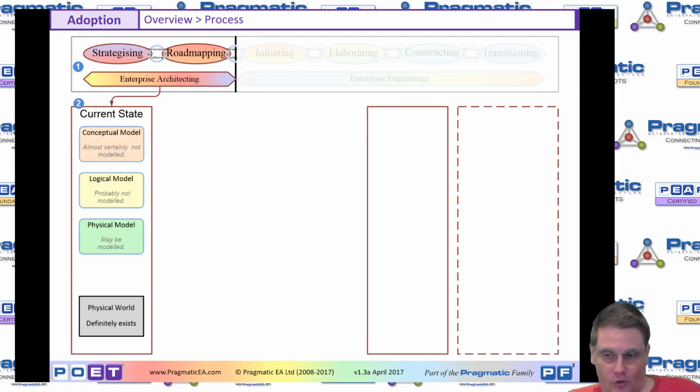So in your organization, there will definitely be the physical world where people are doing this work. Now, there may or may not be a physical model of how that work is being done, how we are doing strategizing, road mapping, how we are doing enterprise architecture. There probably is not a logical model of that, and there almost certainly is not some kind of conceptual model. This kind of level is almost a conceptual model.